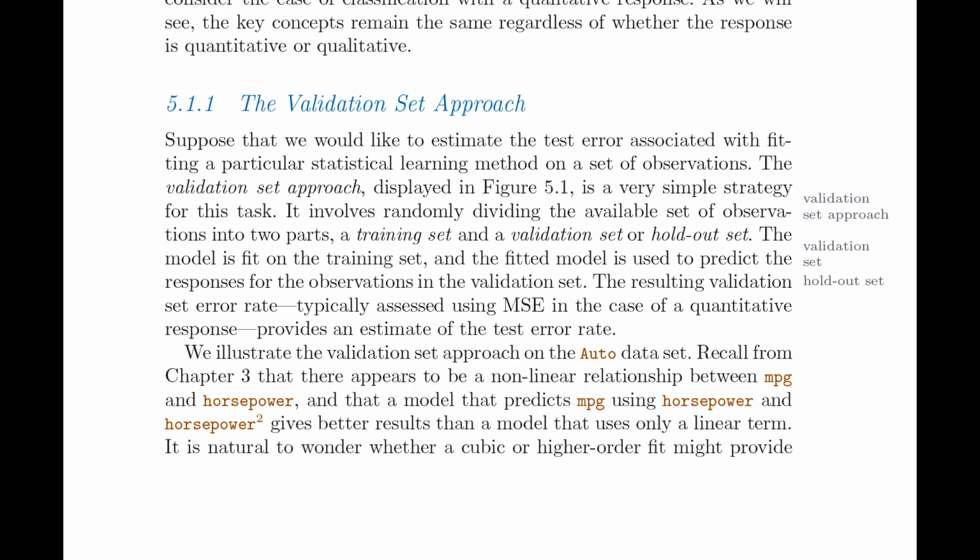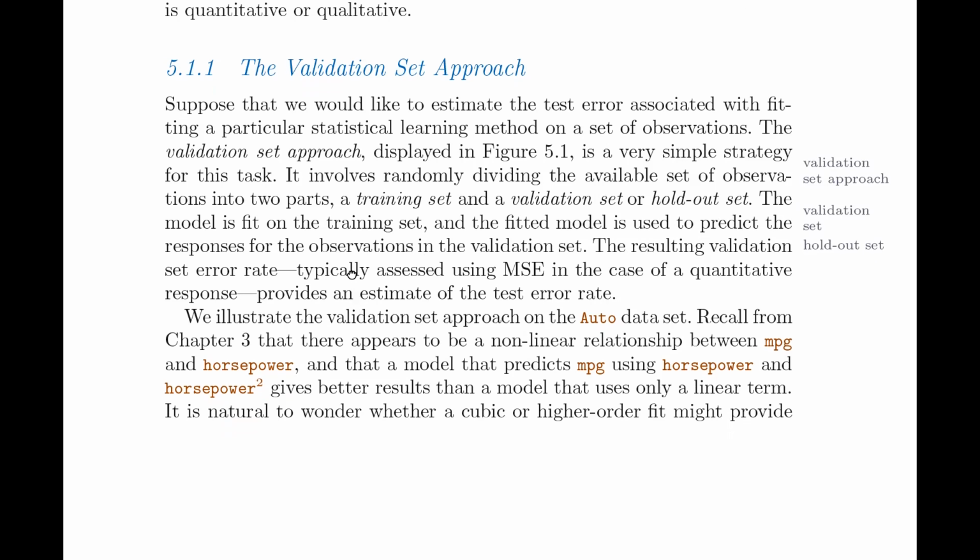The model is fit on the training data set, and the fitted model is used to predict the responses for the observations in the validation set. The resulting validation set error, typically assessed using mean squared error in the case of a quantitative response, provides an estimate of the test error rate.